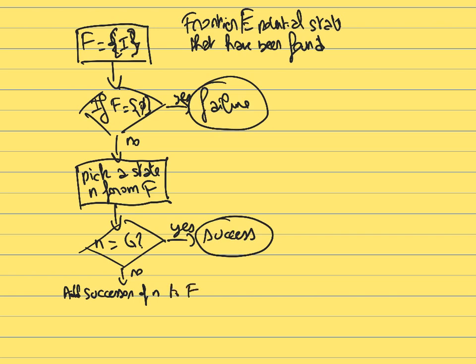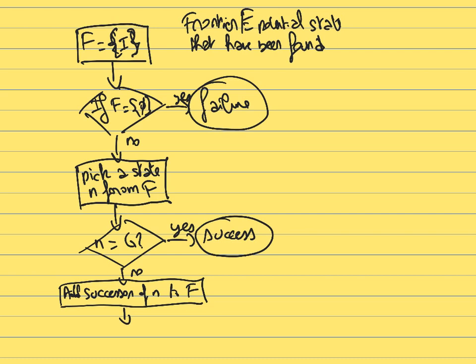Now you have reached a new state. You find all the new states that are connected to this state n, and all those new states are potential new states that you have found. Now you are aware of those new states, so you add them to the frontier, so that maybe in the future you will explore them. And now you have explored state n.